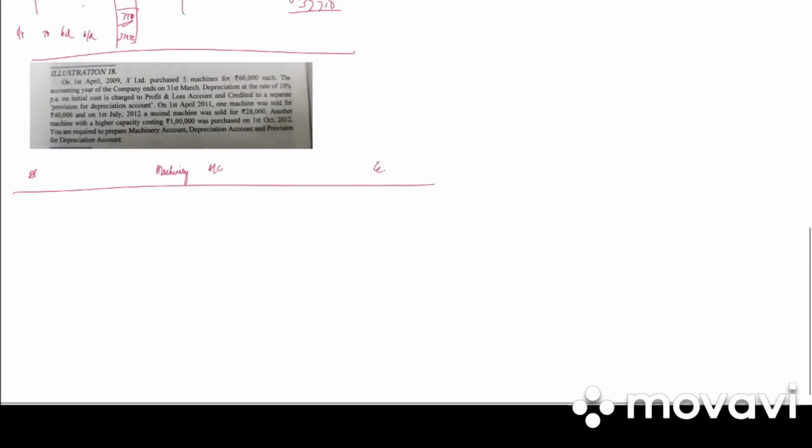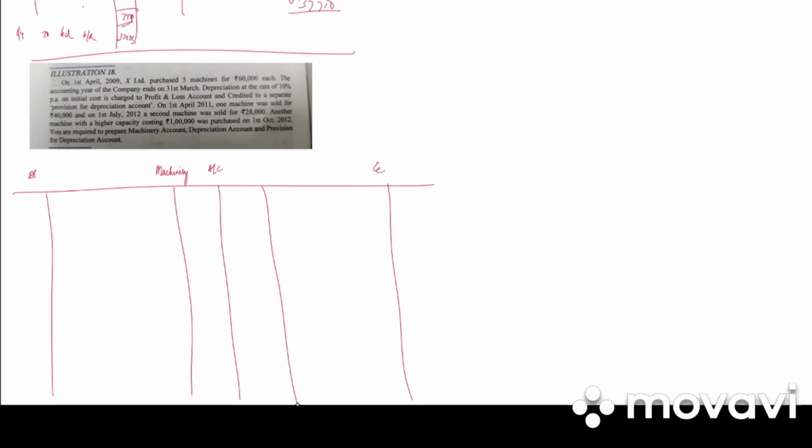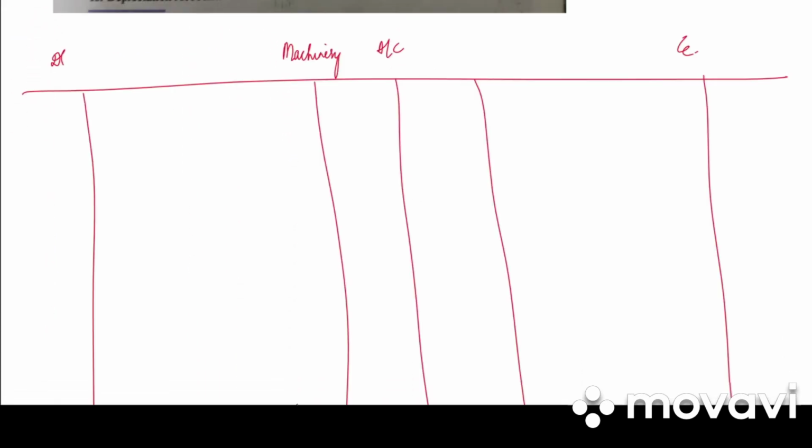So first we need to prepare machinery account. We have debit side, credit side, date, particulars, amount, date, particulars and amount. So first on 1st April to bank account 5 machines of 60,000 each. So 60,000 into 5, 3 lakh.